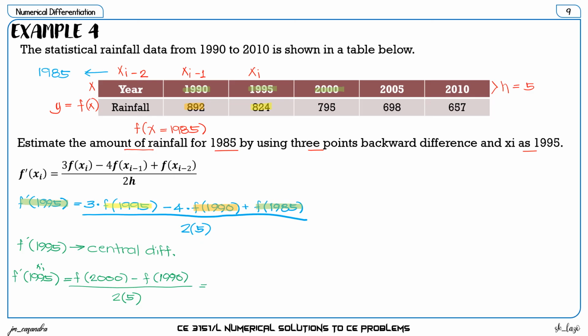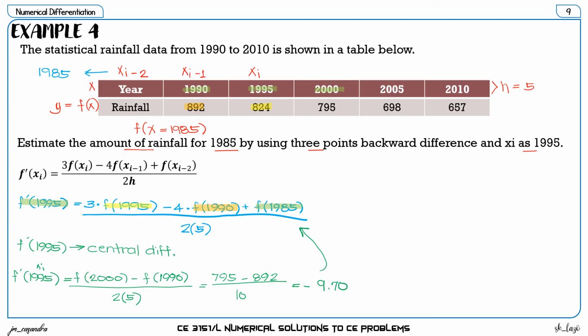That will be equal to f of 2000, 795, minus f of 1990, 892, divided by 10, and we will get a value of negative 9.7. So this value will now be substituted in this equation.